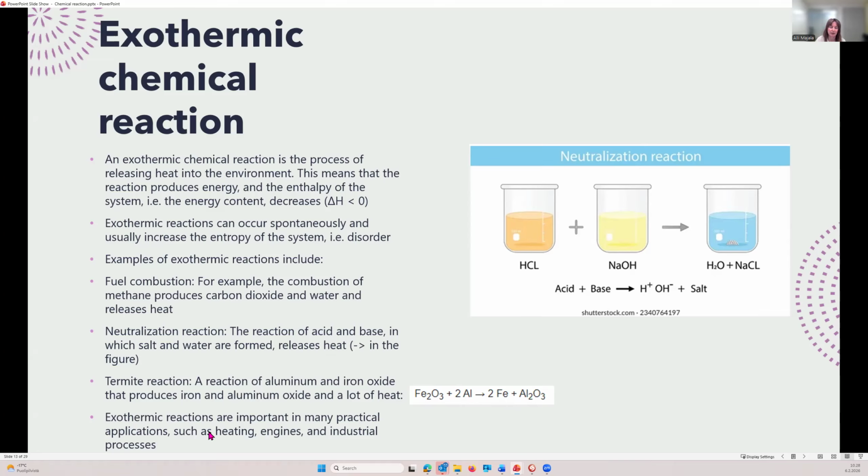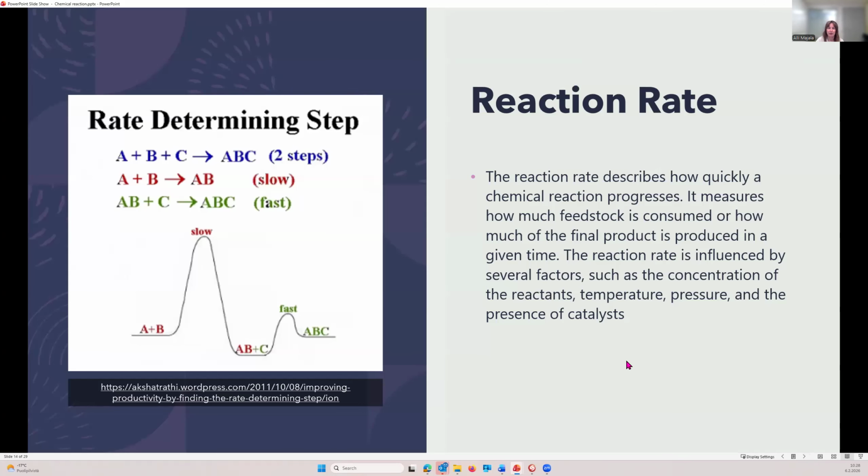And of course, the exothermic reactions are important. Practical applications: heating, engines, industrial processes. Yes. Reaction rate. This we don't talk about much now, but I still mention it because it's important in practical reactions.